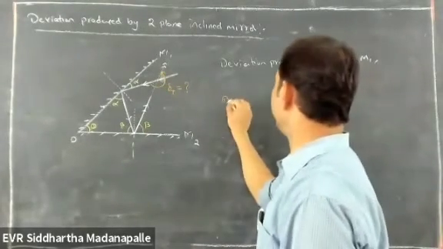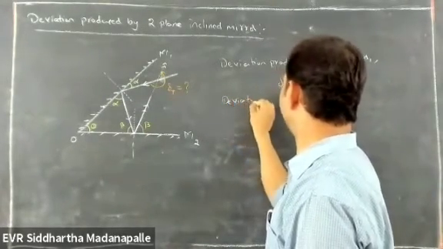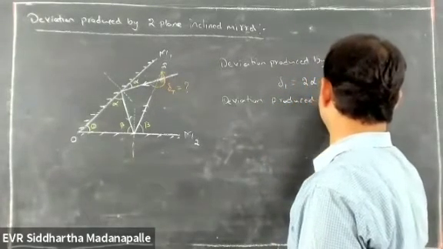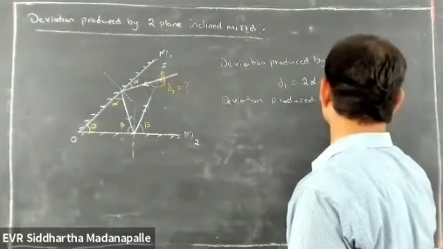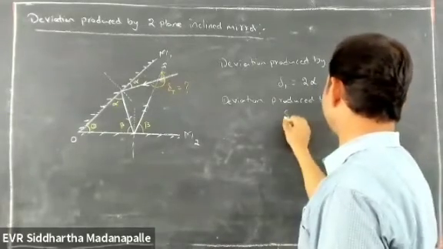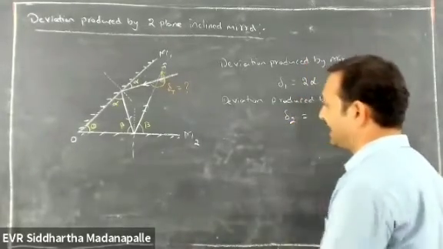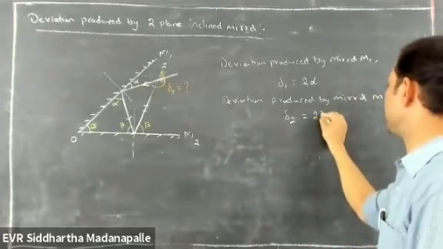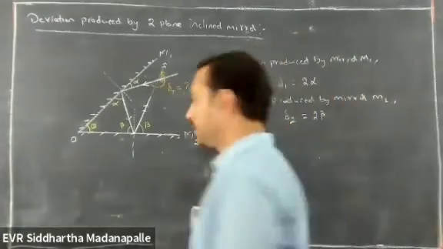Similarly, the deviation produced by mirror M2, delta 2, is equal to 2 times the glancing angle on the mirror M2, which is 2 beta. So what is the total deviation?